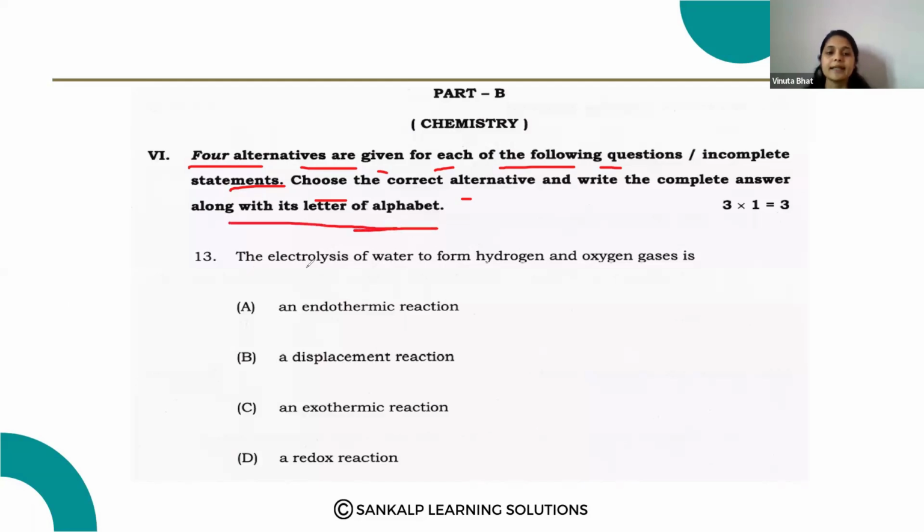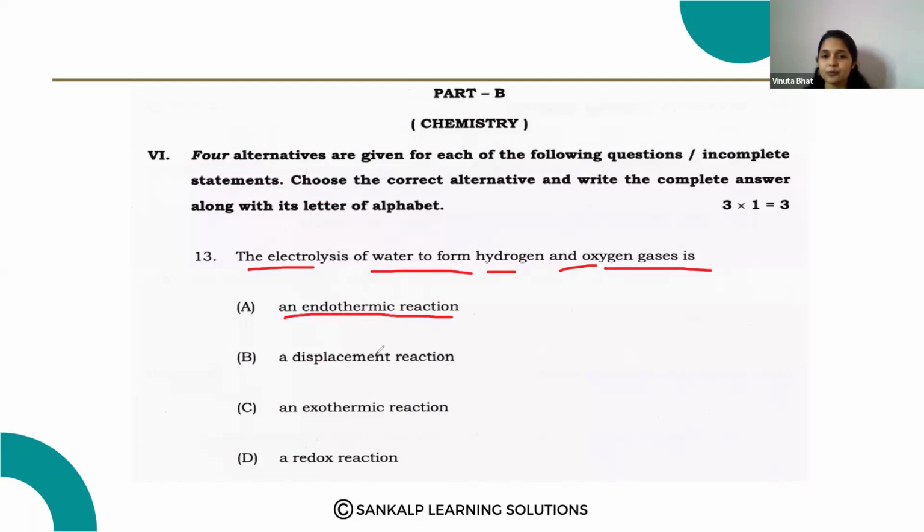The electrolysis of water to form hydrogen and oxygen gases. Option A, an endothermic reaction. Option B, a displacement reaction. Option C, an exothermic reaction. Option D, a redox reaction.